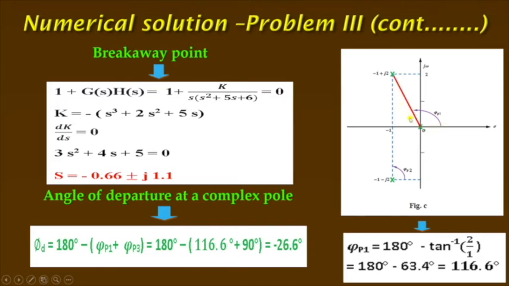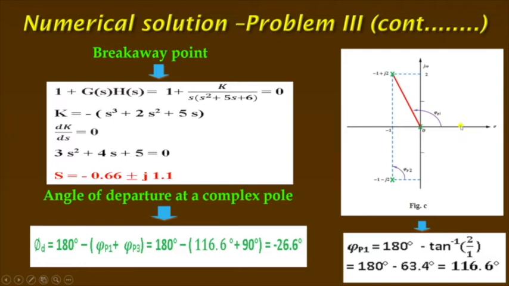So find this angle first, because you can easily calculate this angle. This angle is tan inverse y by x, that means imaginary part by real part. That imaginary part is 2 and the real part is 1. That means tan inverse 2 by 1.